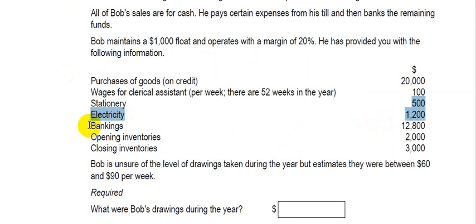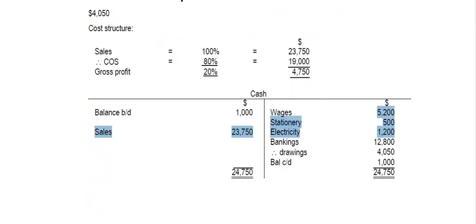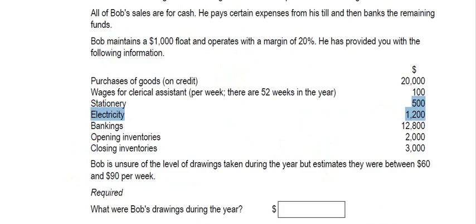Banking is cash leaving the cash book going to the bank, 12.8. So the cash will be credited with 12.8. But the question is asking us about the drawings. We're just given an estimate of drawings.